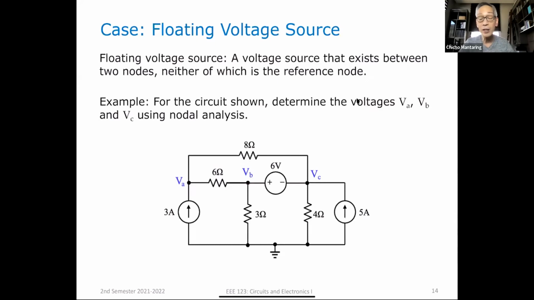For the circuit shown, determine the voltages VA, VB, and VC using nodal analysis. So we have 4 essential nodes. One essential node is made your reference or ground, and therefore you only have 3 unknowns, VA, VB, and VC.